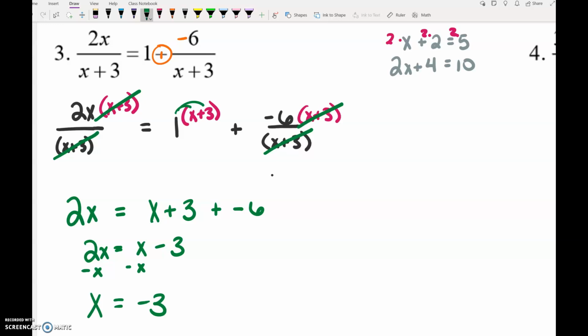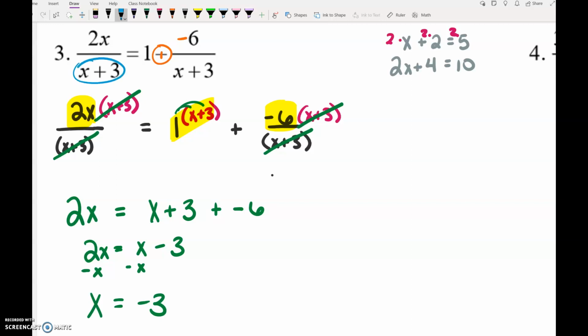So I have to be careful what I say on the video, but basically our goal here is to make the fractions go away, to slash those fractions so that all that's left is stuff that isn't fractions and easy to solve. Now with all of these solving problems, when you get to the end, you do need to check, would my answer create a 0 in the denominator of the original problem?